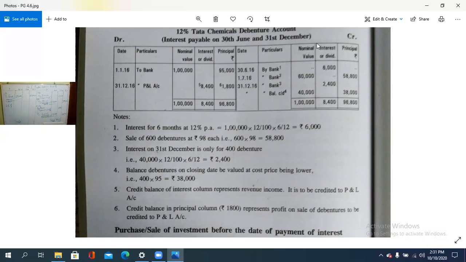Investment account debtor to P&L account. If the loss is there, this should be by P&L, means P&L account debtor to investment account. But to P&L account, 8,400 for the first case. And here, the main account, principal value, this 58,800 plus 38,000, how much is it? 96,800. Profit. So 96,800, less 95,000, 1,800, that is the profit.